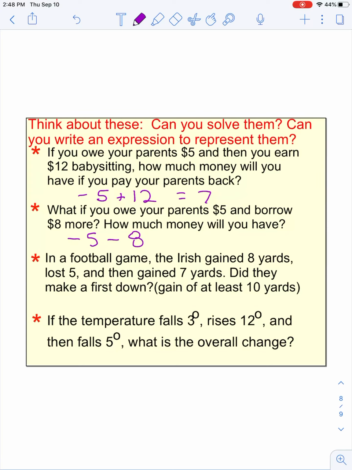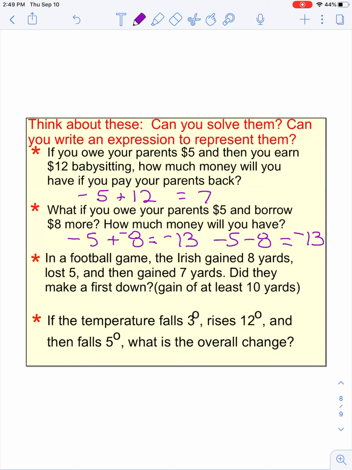You could write that as -8 more dollars, or you could write it as adding another borrowing situation of $8. Either way, the answer is the same. Now you are at a loss of $13, or you owe your parents $13.